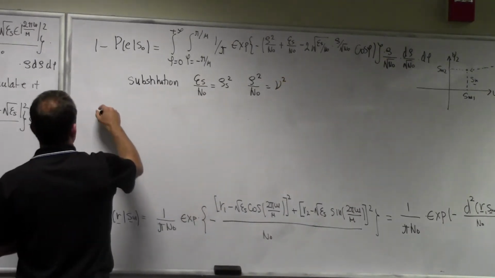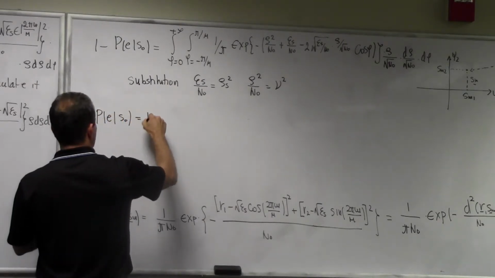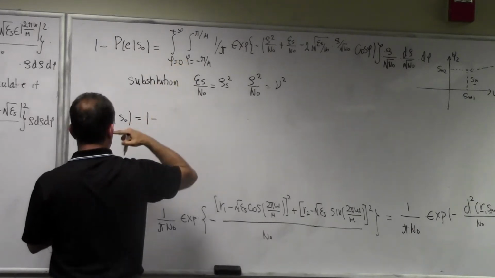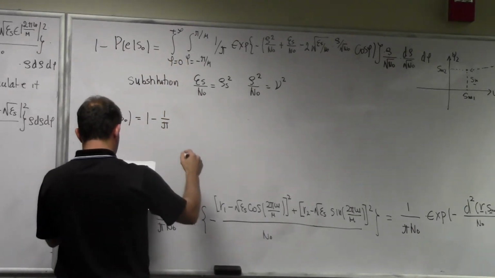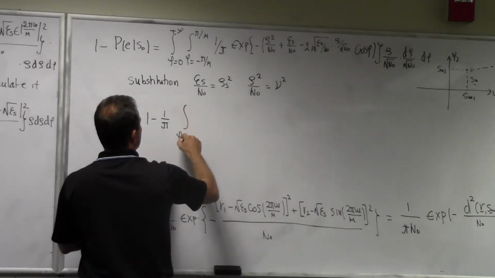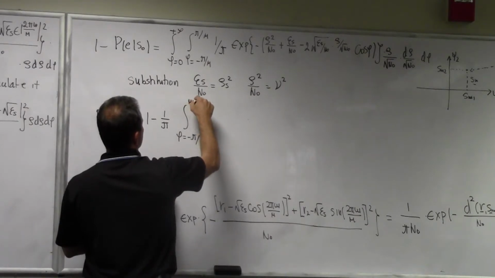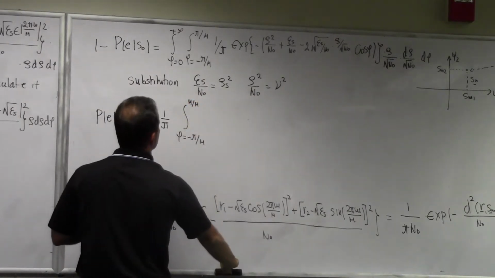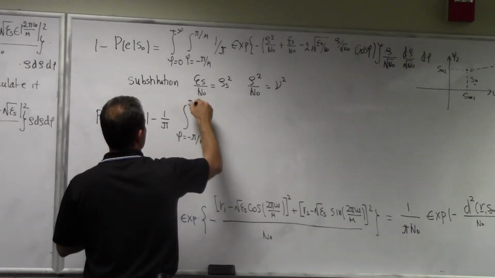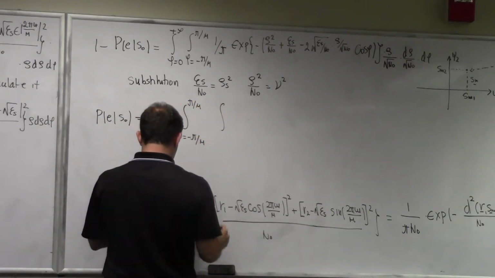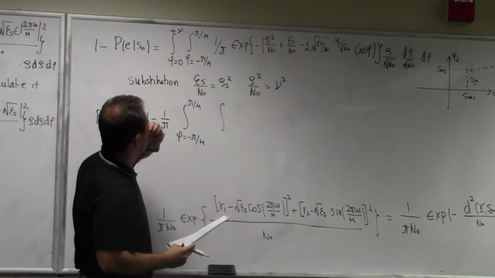So now probability of error given s0 becomes equal 1 minus this. So 1 minus 1 over pi goes outside. And then integral when phi goes from minus pi over m. I didn't mess with phi, so I'm just going to put it here, pi over m. And then integral here. Now, when rho goes from 0 to plus infinity, what happens to nu?